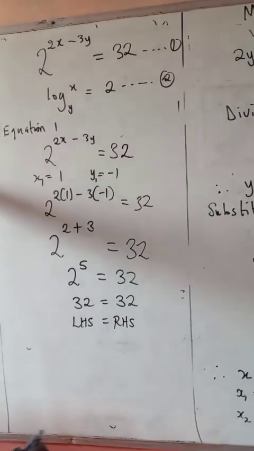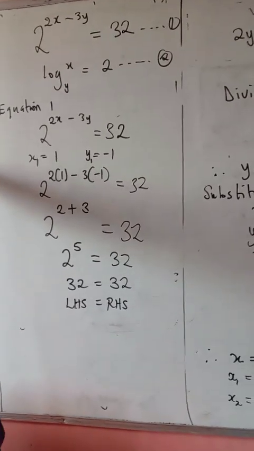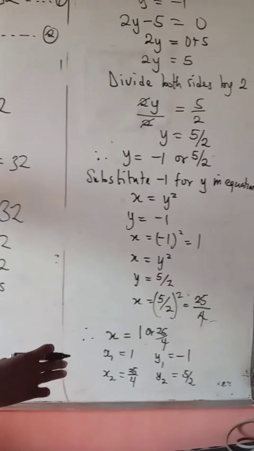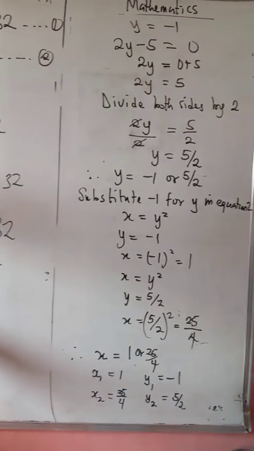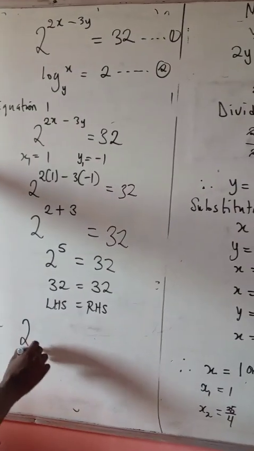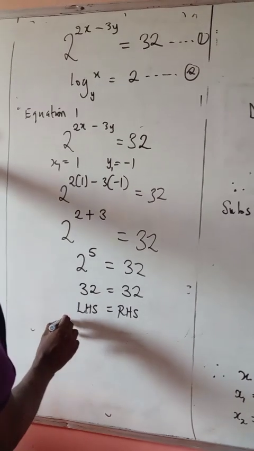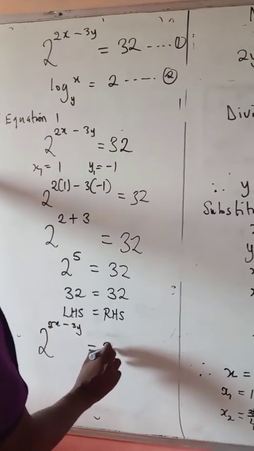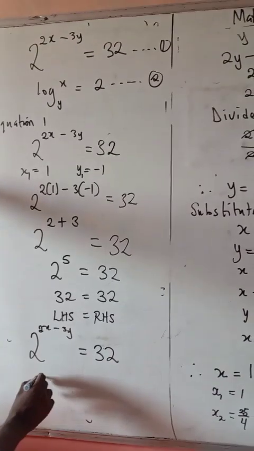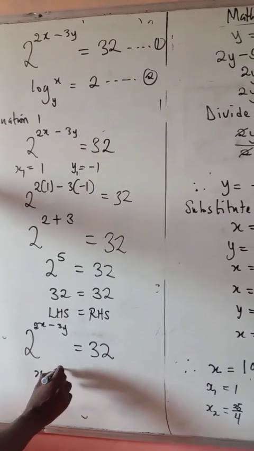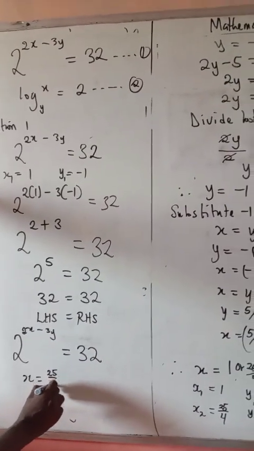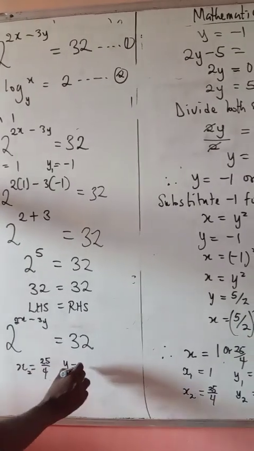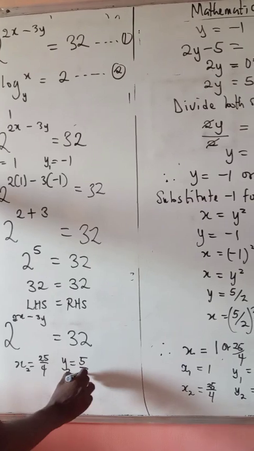Then the second value of x is 25/4. So let's put that in the equation. We have 2 to the power of 2x minus 3y is equal to 32. Then x is 25/4 and y, that's the y2 now, is 5/2.